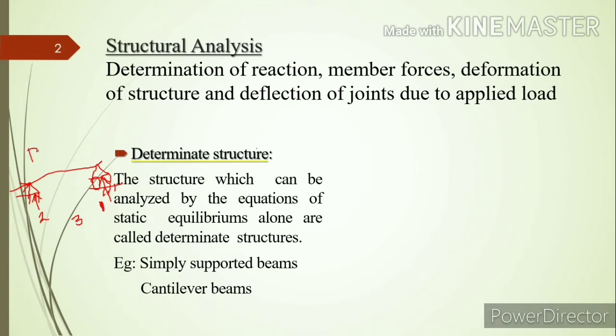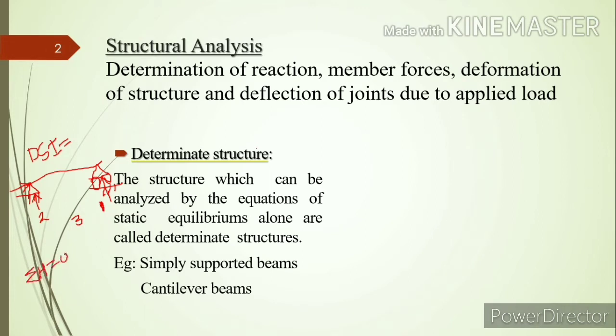So, degree of static indeterminacy. Degree of static indeterminacy means the number of unknown reactions minus the number of equilibrium equations. First, the number of equations of equilibrium. For a plane problem, for a 2D beam, we know that the number of equations of equilibrium is 3.